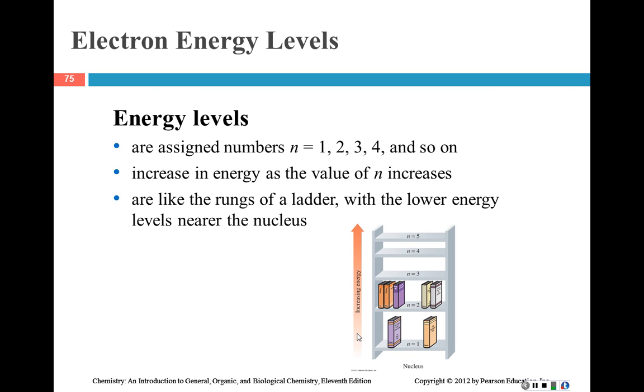They're showing you down here that you're increasing in energy, so this is a lower energy than this. It's like rungs of a ladder, because you have the lowest energy at the bottom and the highest energy at the top of the ladder.